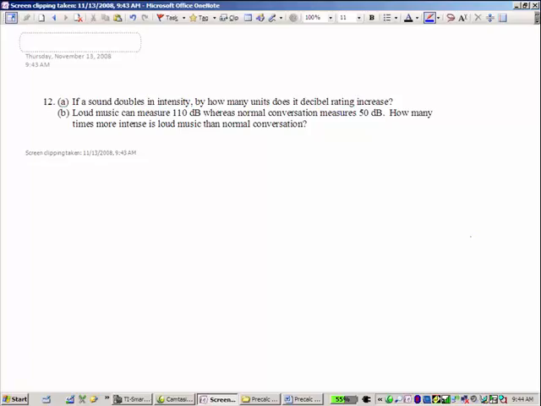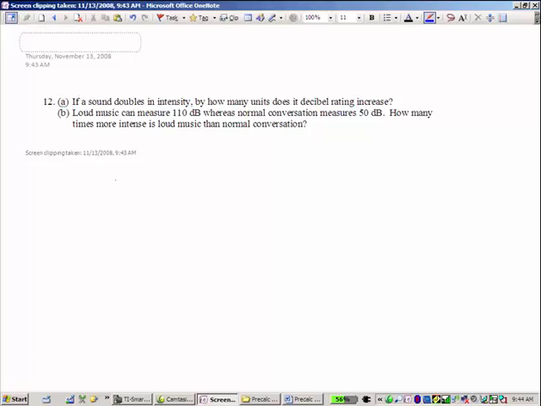The threshold of pain, something that would hurt your ear, would be like 1 or 2 watts per meter squared. So we're talking about a difference from 10 to the negative 16th, a teeny, tiny number, to a number like 1, which is much bigger, right? So we're talking orders of magnitude, and logs are great at comparing orders of magnitude.